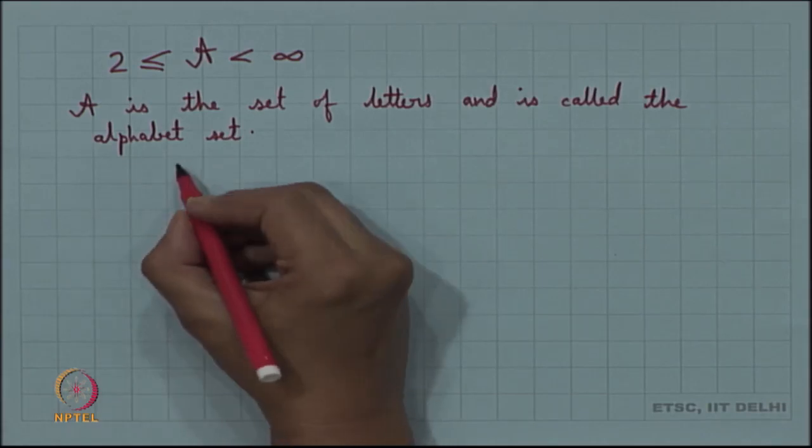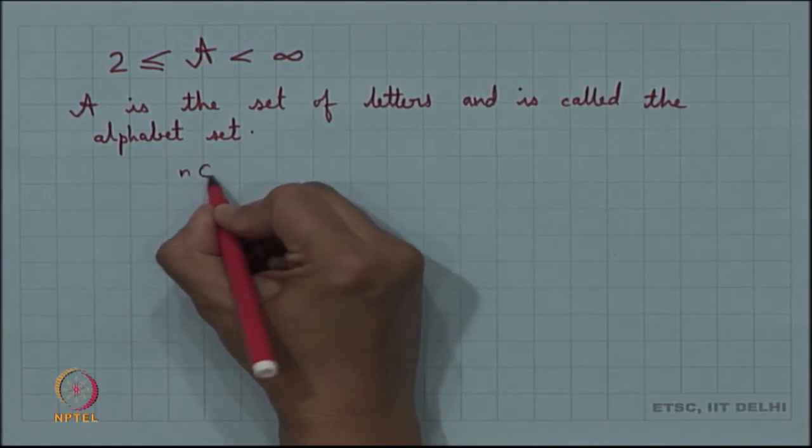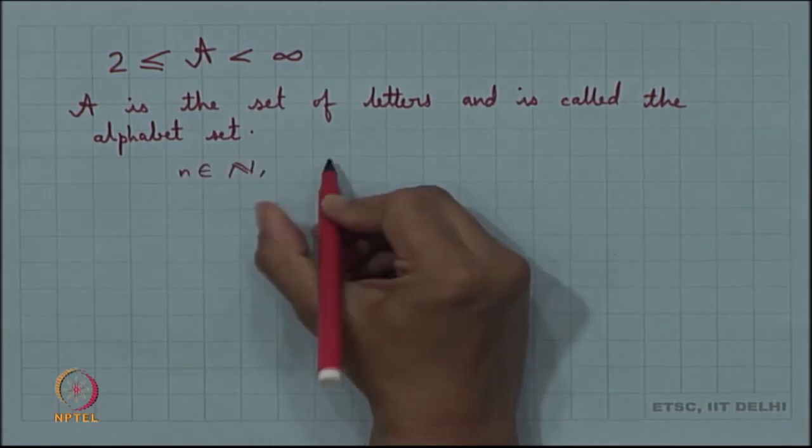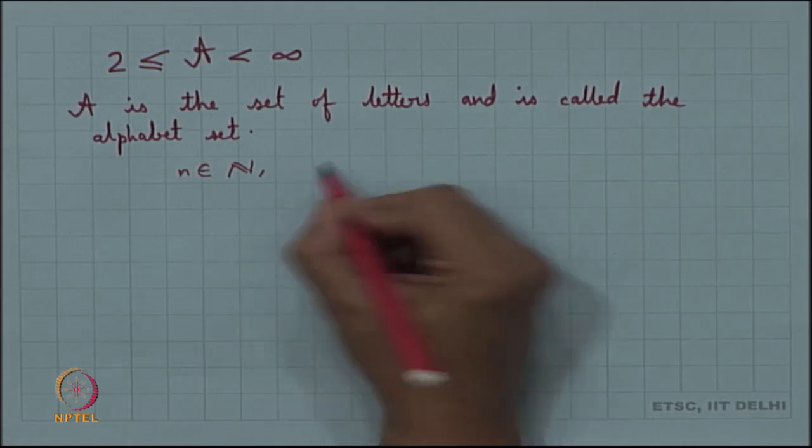Now, we look at the elements of A to the power n. We pick an n in the natural numbers and look into the elements of A to the power n.